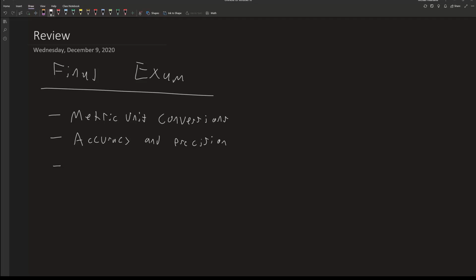We are going to have dimensional analysis. Compounds and mixtures. Physical and chemical changes.